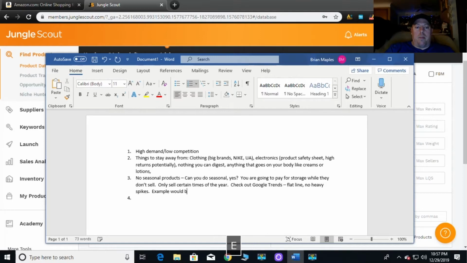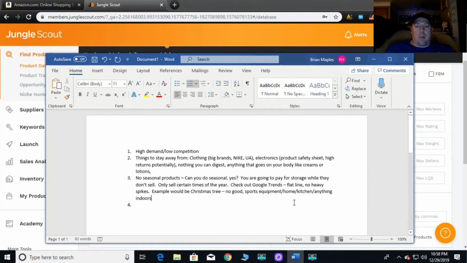Example would be Christmas tree. No good. Sports equipment or home, kitchen, anything indoors.